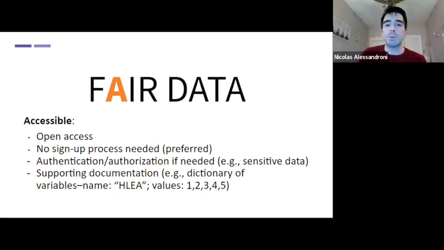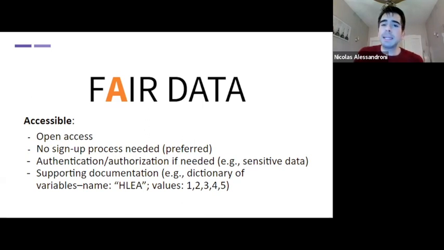This might not always be applicable because sometimes researchers deal with sensitive data, for example, so they require other users to authenticate and to have an authorization to use the data. Well, the FAIR principle says that when authentication and authorization are needed, there should be swift mechanisms for this.